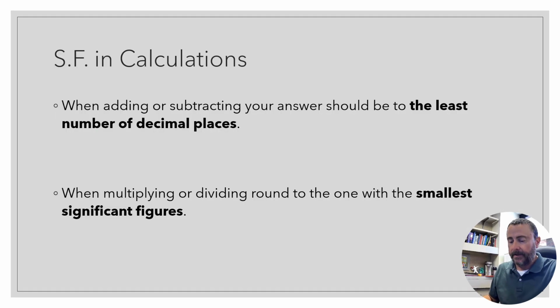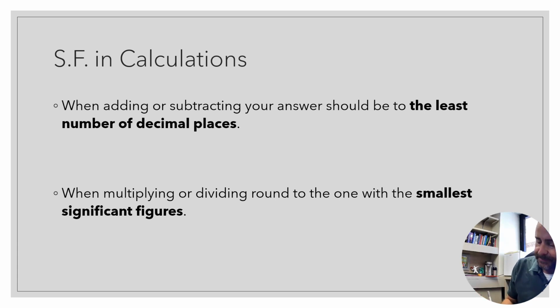I'm probably going to not have them be part of the problems you come across throughout the semester here. So when we've got these significant figures, why are they important for calculations? We need to use them to report our answers to the right number of significant figures in the end. When we add or subtract, the answer should be to the fewest number of decimal places.